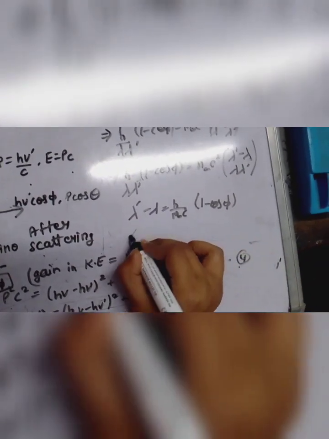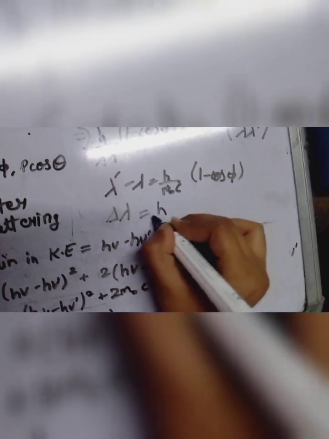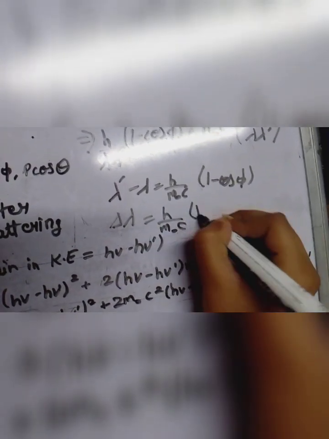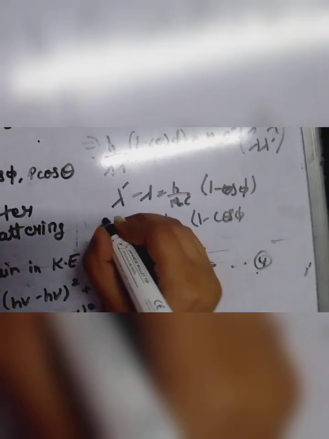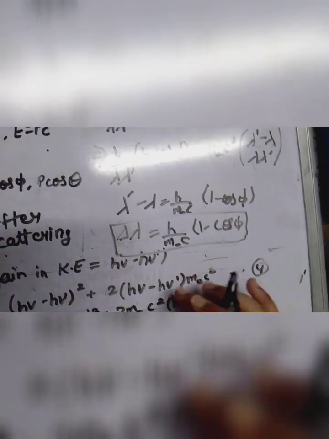You can see that I have got this, and this is the change in wavelength. This is the final equation of the Compton effect, which I have got by solving the two equations of the law of conservation of momentum and the law of conservation of energy.